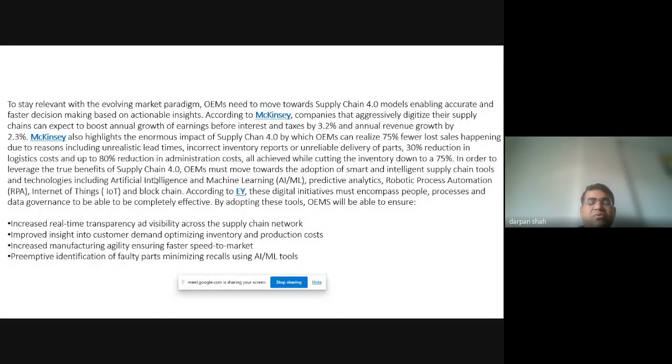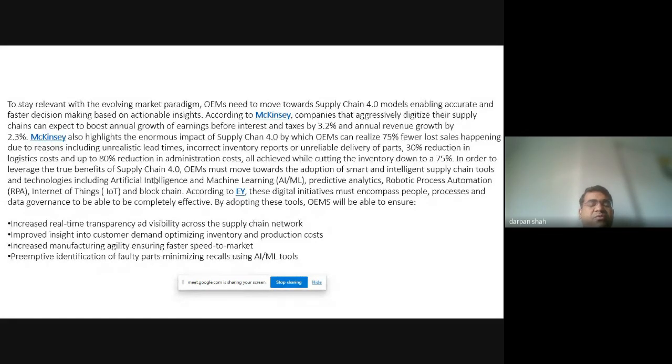These are required so that we have increased real-time transparency across the supply chain network and improved insight into customer demand, so that we can more judiciously optimize inventory and production cost, and increase manufacturing agility, as the cycle from launch or conceptualization to production and selling of any product is becoming shorter nowadays.